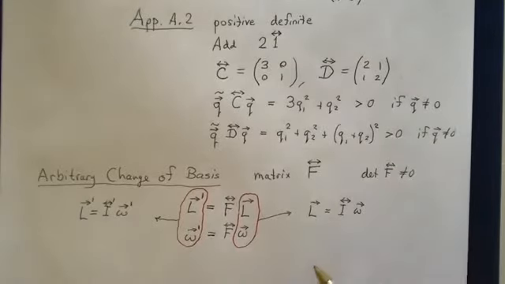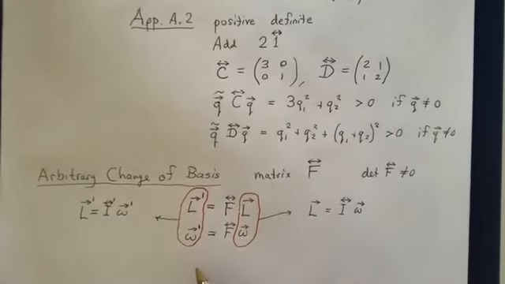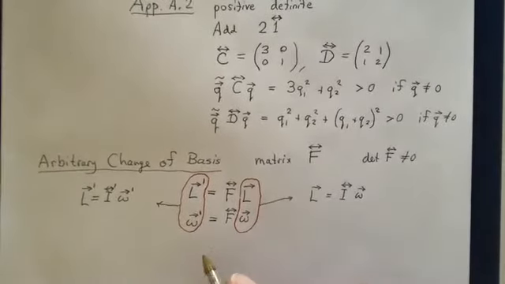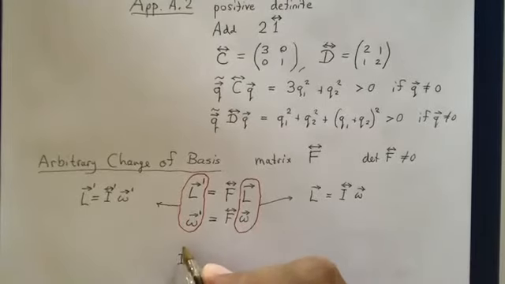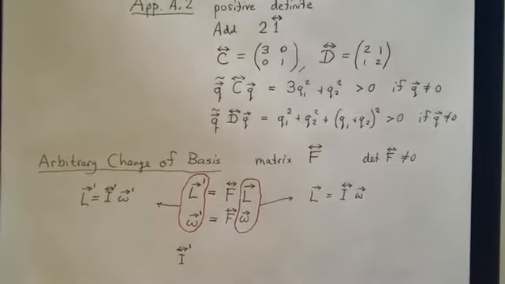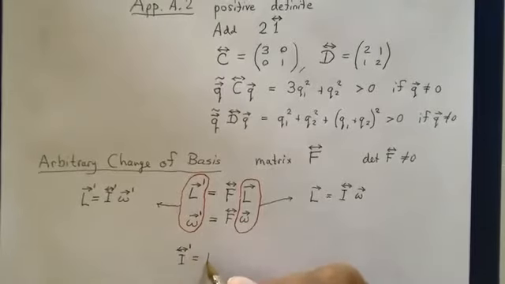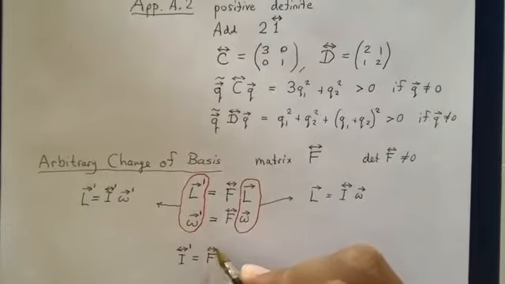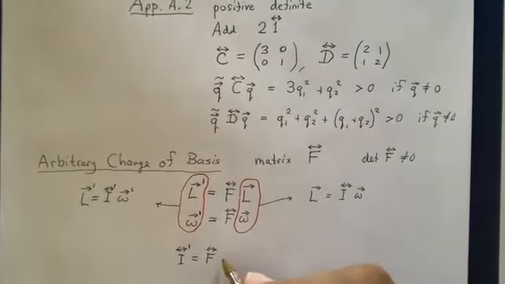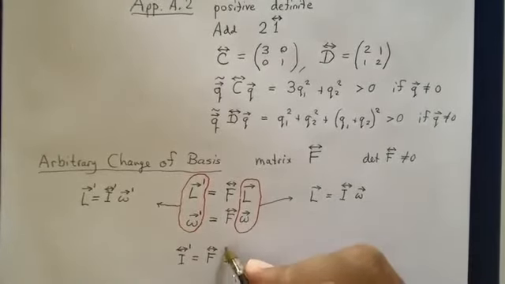Right, so you're going to plug in here, this is F. And so what we have here is the transformed inertia tensor. You've got to be real careful here to get these symbols right.